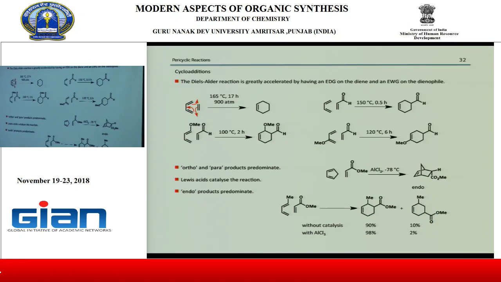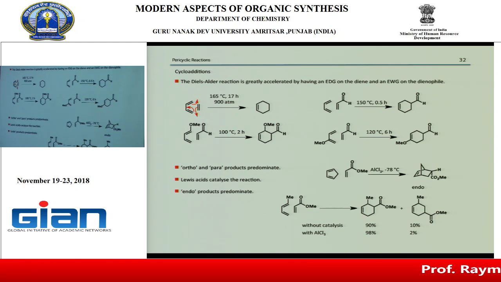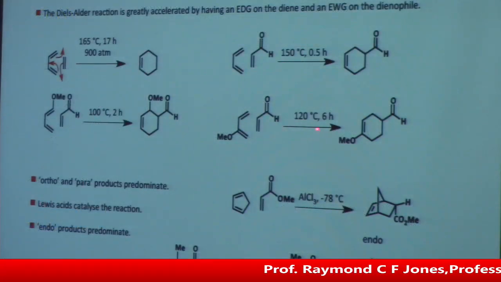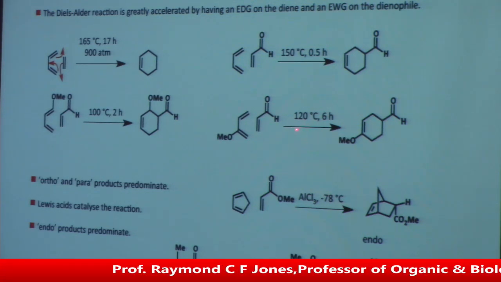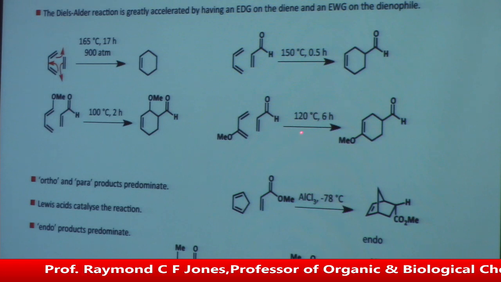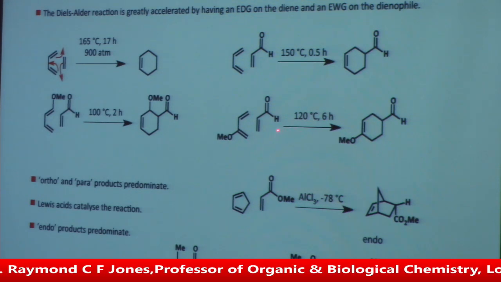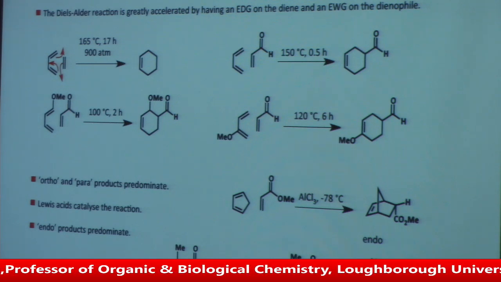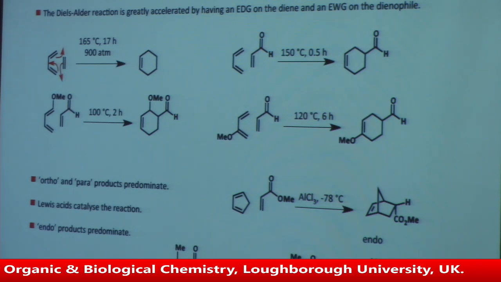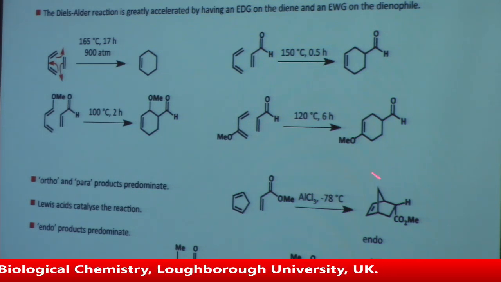So actually in the fourth reaction, that one with 120 degrees Celsius and 6 hours, sir, in that previous reaction, why is there so much gap in the hours? Like the first one is taking 0.5 hours and this is taking 6 hours. Why is it taking so long?